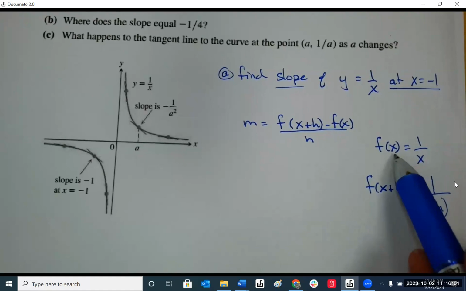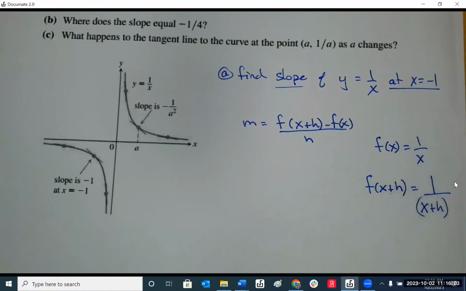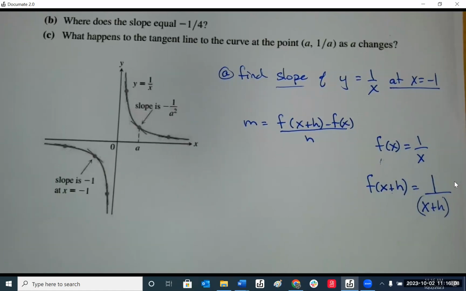What that says is anywhere we see an x, just put a plus h behind it. That's what it tells us to do. It's not reciprocal. It's still 1 over x, but it's 1 over x plus h.